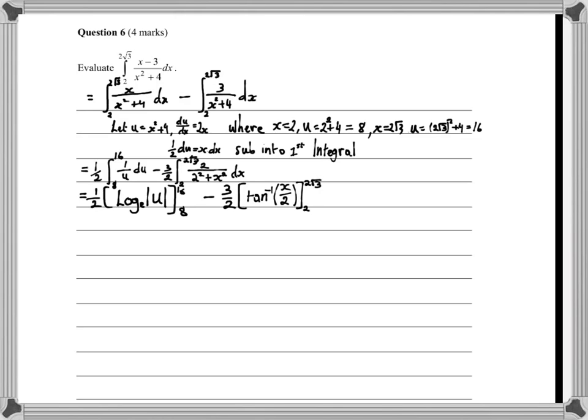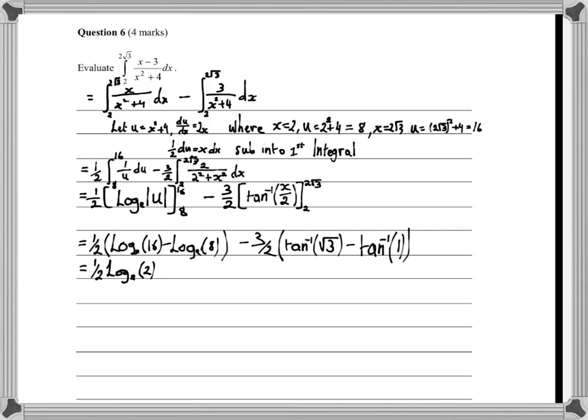Now, let's evaluate. Log of 16 minus log of 8. And then for inverse tan, we'll get inverse tan of root 3 minus inverse tan of 1. Then we evaluate each separately.